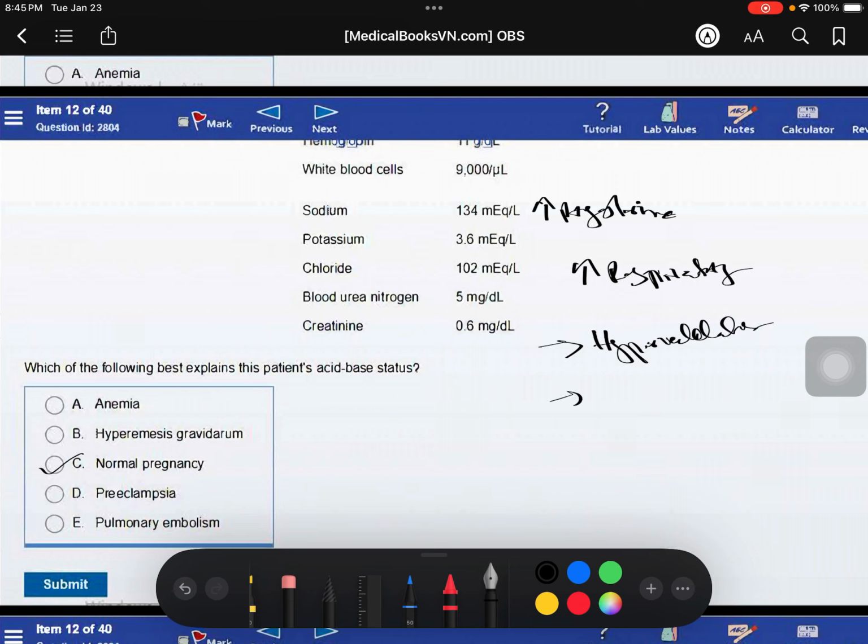By hyperventilating the lungs, the patient's pH will go toward respiratory alkalosis, because the carbon dioxide is leaving the body rapidly.